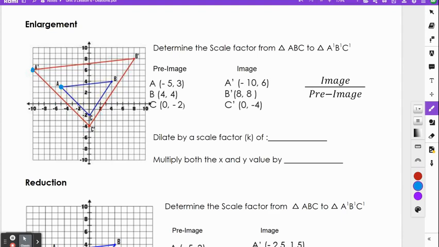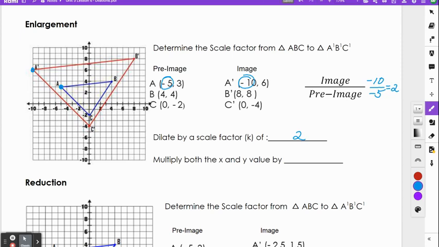So if we look at A prime, the value of x is -10. And if we look at A, the value is -5. So in this case, we have a scale factor of -10 divided by -5, which is equal to +2. So we're dilating by a scale factor of 2.